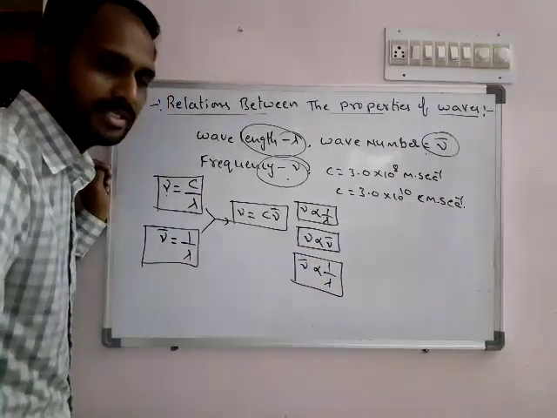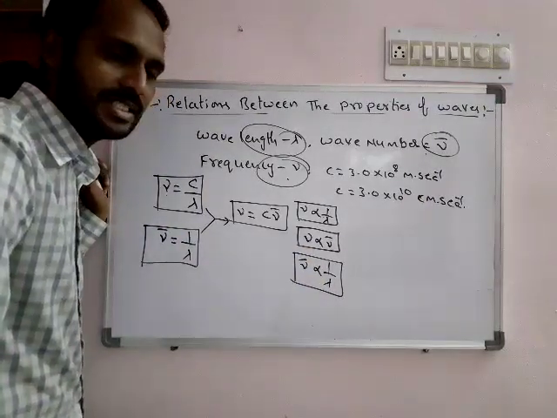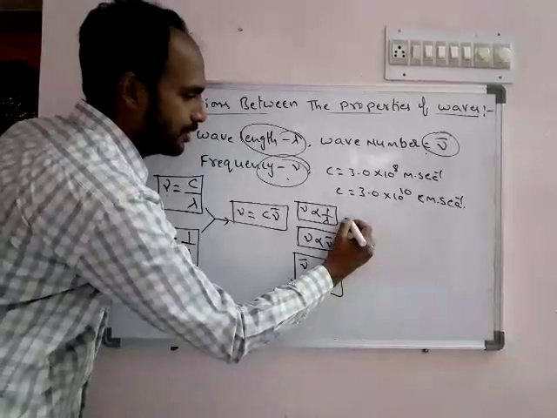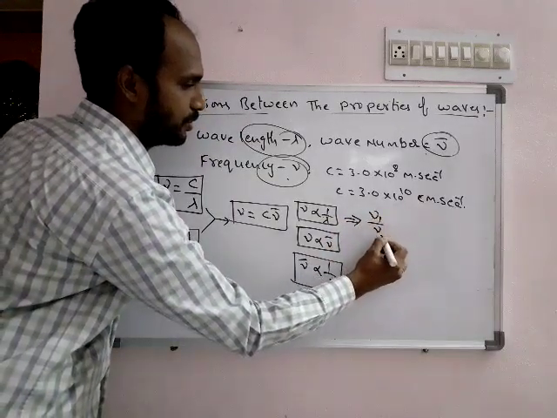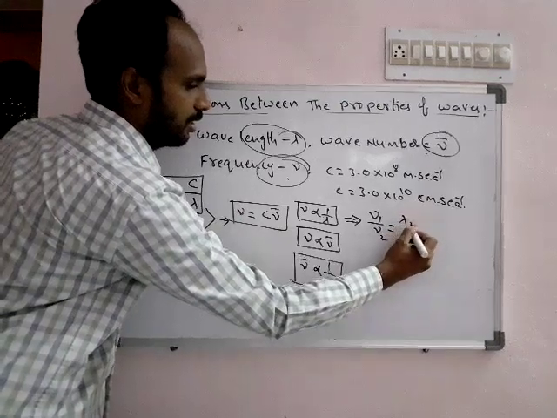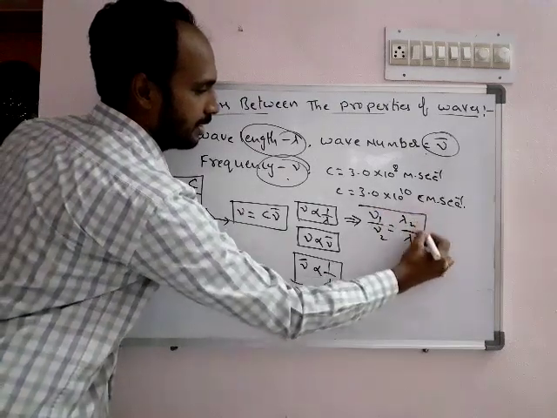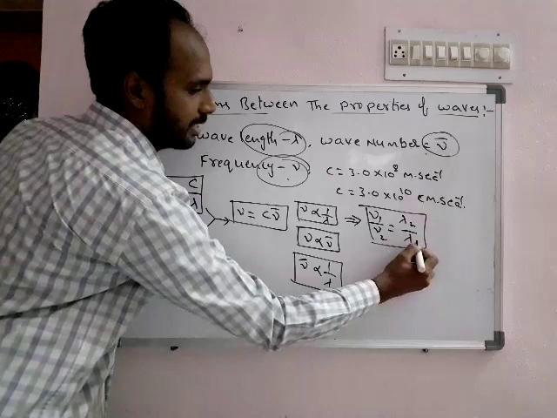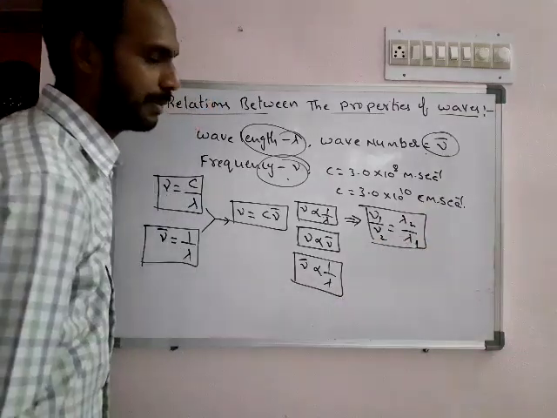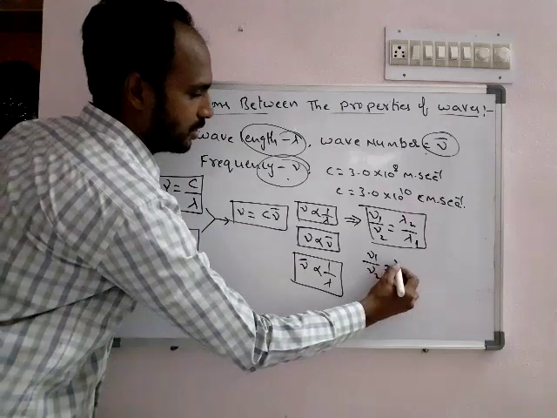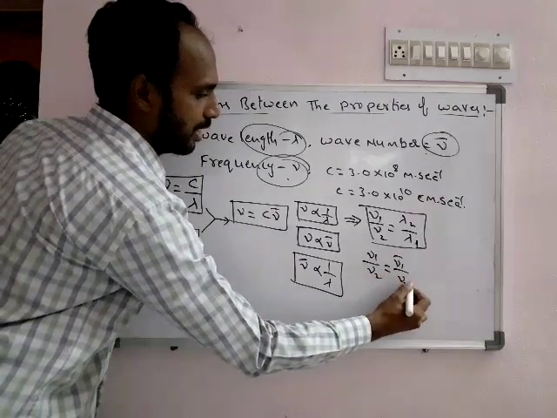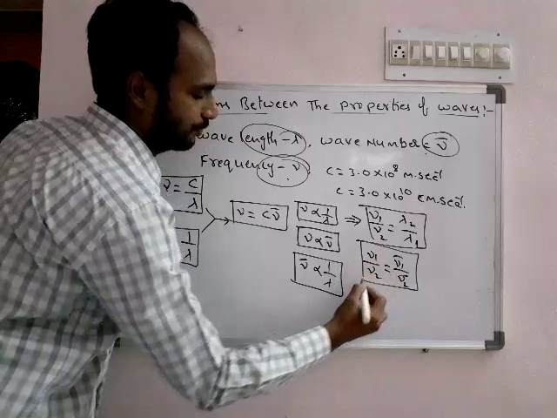In some problems two comparisons will be given. So here we can write nu 1 by nu 2 is equal to lambda 2 by lambda 1, as it is inversely proportional. Here nu 1 by nu 2 is equal to nu 1 bar by nu 2 bar, as it is directly proportional.